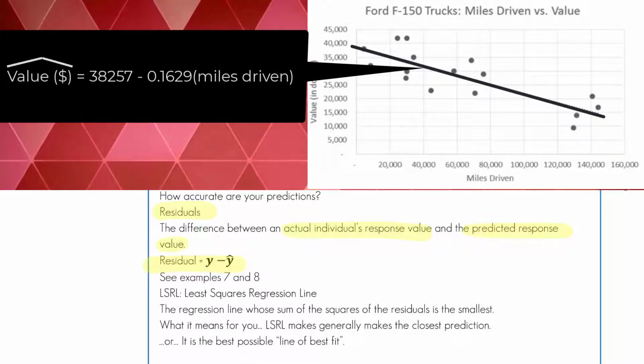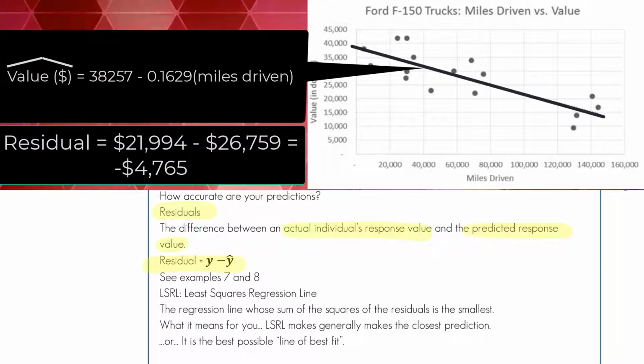We subtract the actual value, $21,994, minus the predicted value of $26,759. The order of subtraction is very important here. You'll notice that we are going to get a negative value. In fact, it is negative $4,765. So what does that tell me? Well, take a look at the dot and where it is relative to the line.